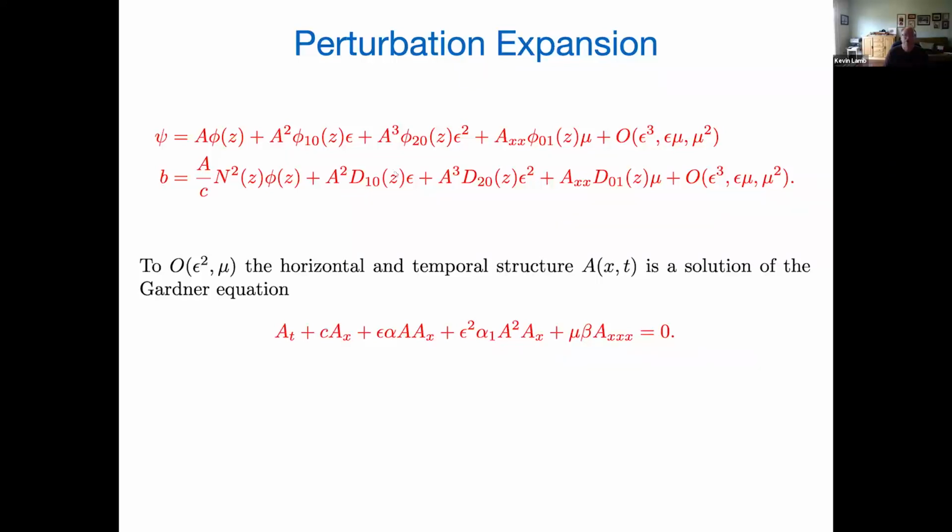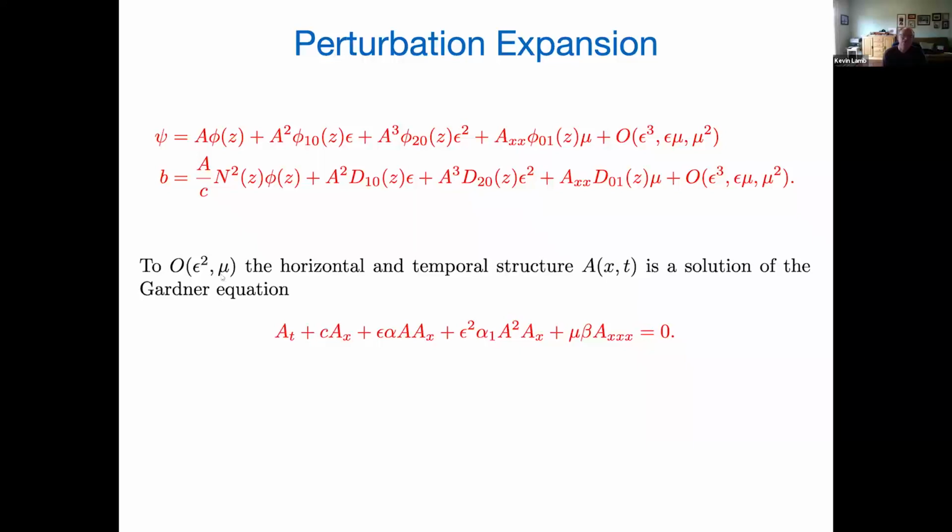Similarly for the buoyancy. Here I've got a function A, which is a function of x and t. That will give the horizontal and temporal variation of the wave. And I've got various vertical structure functions, phi, phi 10, phi 20, phi 01, etc., and then correspondingly for the buoyancy or density field.